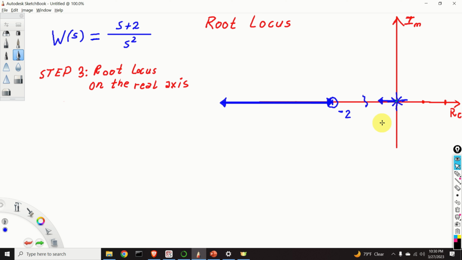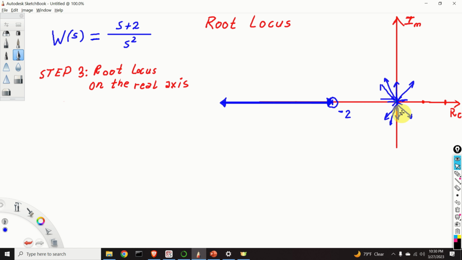So this means that the root locus can go either like this, and we know the root locus is symmetric, which means that we need to have another branch going down, or it needs to go like this. Or maybe it can go somehow like this, right? Or maybe in another direction, maybe somehow like this. We need to investigate that.